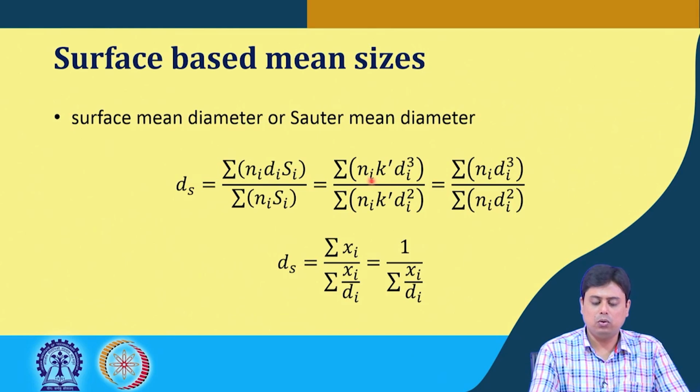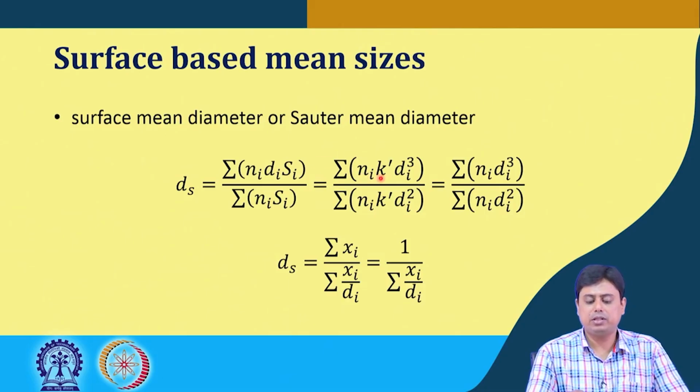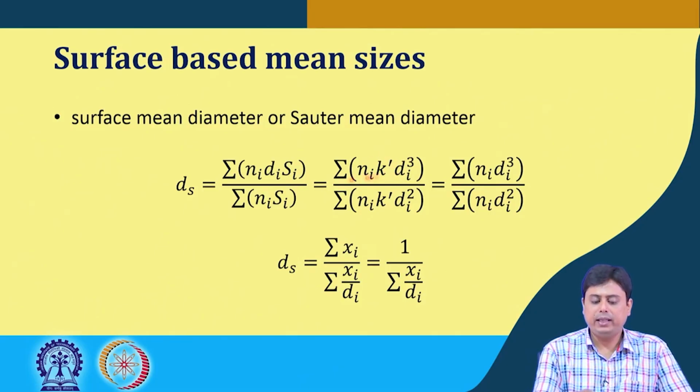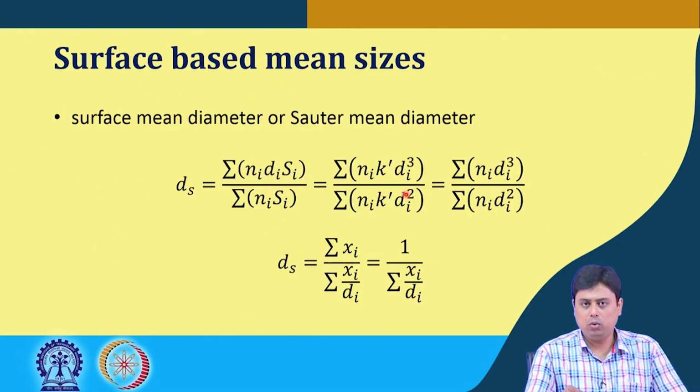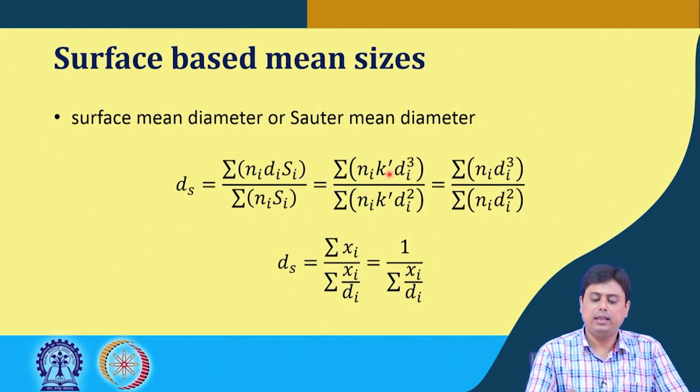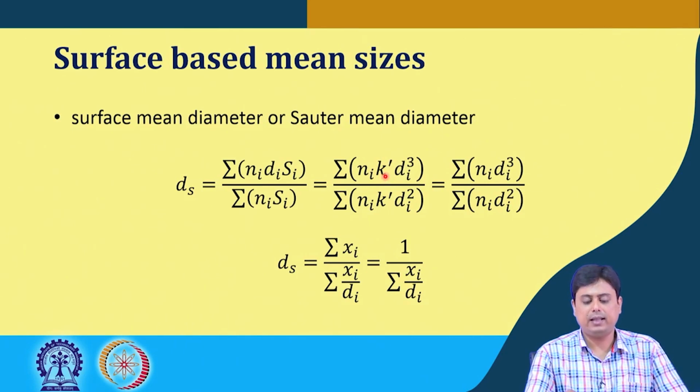Now, here also the surface we can write, like the volume, as a certain constant multiplied by the linear dimension square, or di square. Like in the volume we have mentioned that it is the linear dimension cube, so surface is linear dimension square with a constant parameter that changes with a different shape. Here we are designating that as k prime.